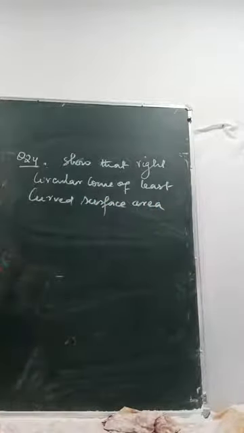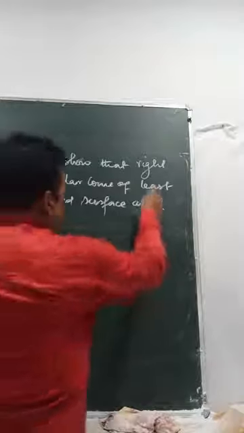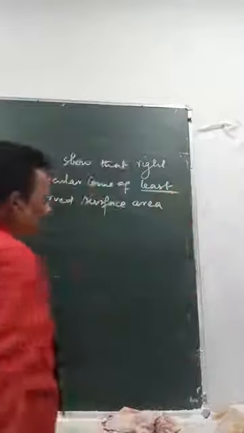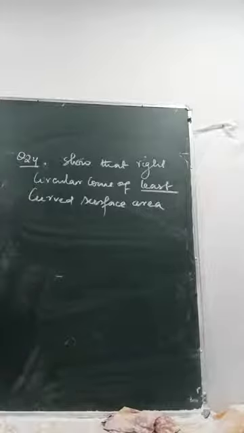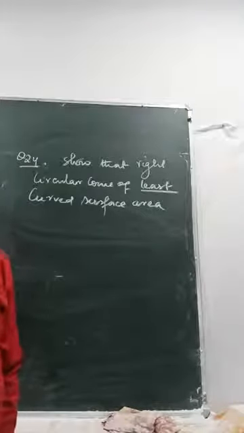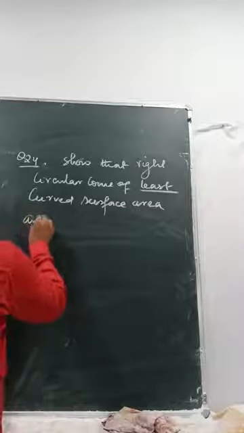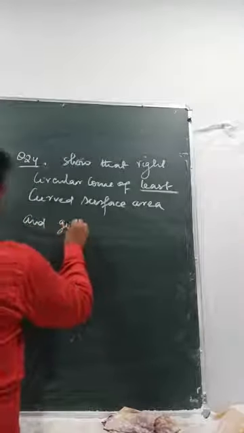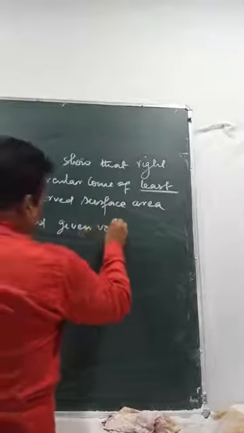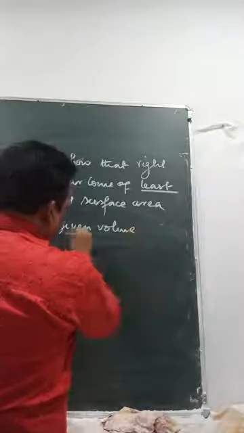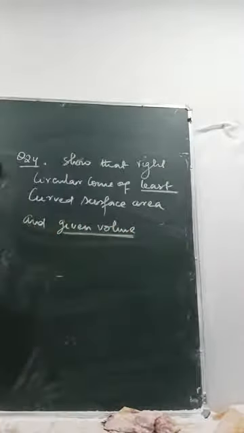Least curved surface area. Look at least. Least means minimum. Minimum curved surface area. Least curved surface area and given volume. Given volume means this is constant. Given volume will be constant.